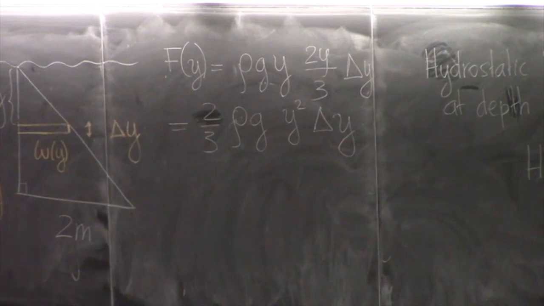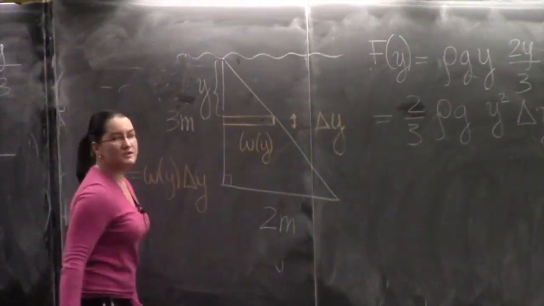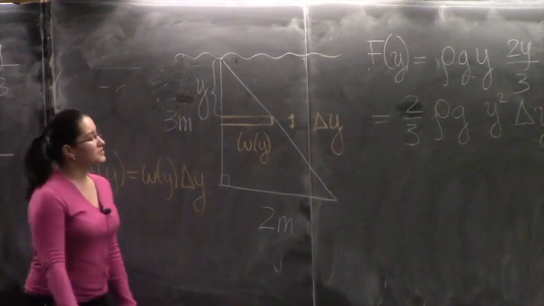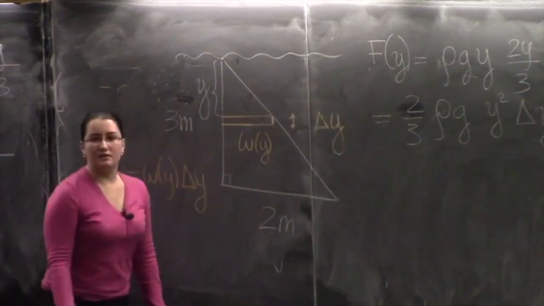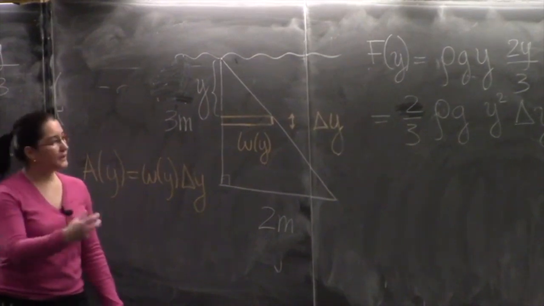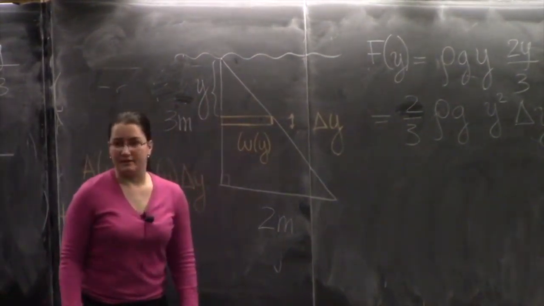So to compute the total hydrostatic force now, acting on the triangle, we need to add the hydrostatic forces acting on these thin strips. So we just see the triangle being comprised of these thin horizontal strips and add these things together.